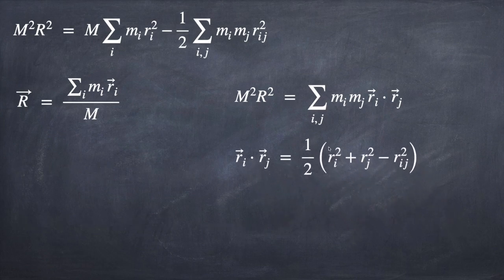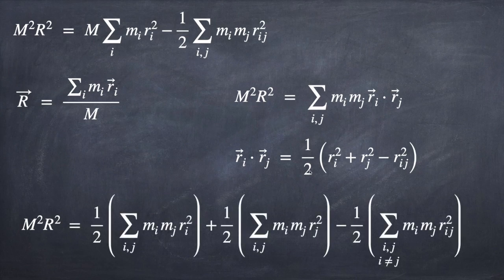So now we need to use this equation inside this one and then try to prove this equation here. So M squared R squared is going to be 1 over 2 and the double summation over i and j of m_i m_j multiplying r_i squared, which is this first term here. The second one is similar to this one, but instead of r_i squared it is going to be r_j squared.